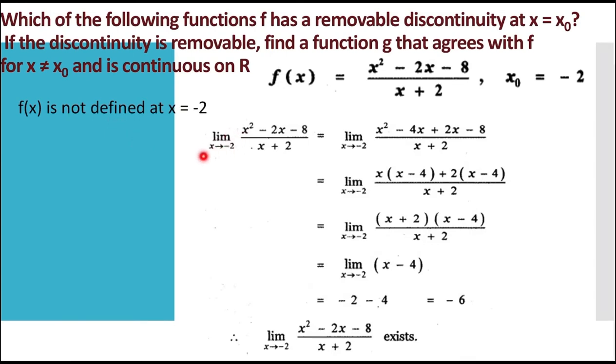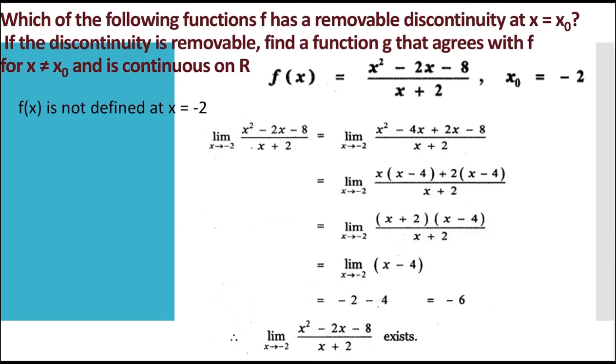So, limit x tends to minus 2, x square minus 2x minus 8 divided by x plus 2. Let us factorize the numerator. So, it will become x plus 2 into x minus 4. You can factorize by your own method. Limit x tends to minus 2, x plus 2 into x minus 4 divided by x plus 2.